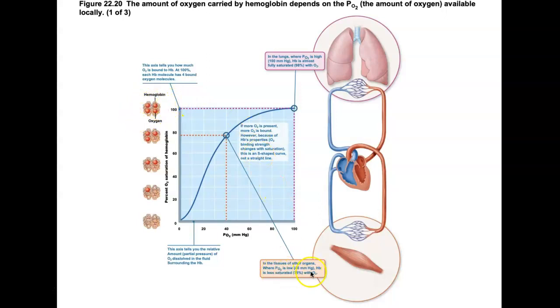In the tissues, on the other hand, the partial pressure for oxygen is low, and we said that was 40 millimeters of mercury, and the hemoglobin protein is less saturated. It's less saturated at 75% with oxygen.